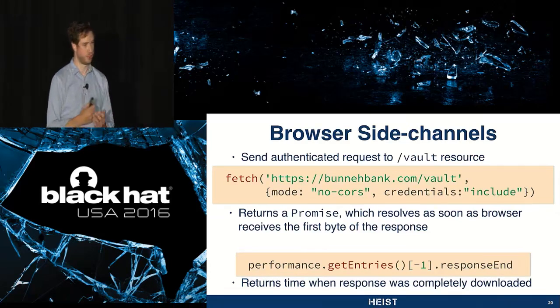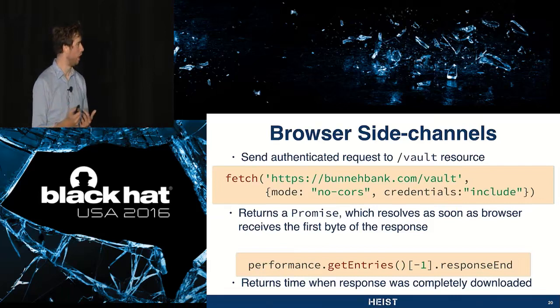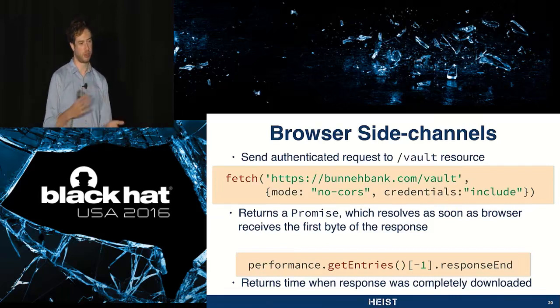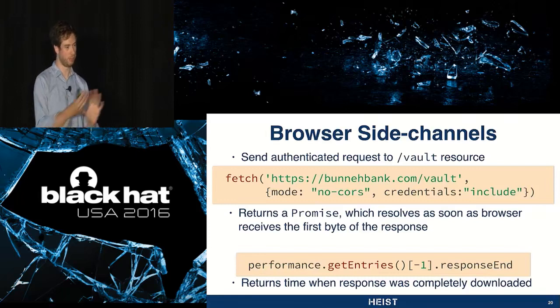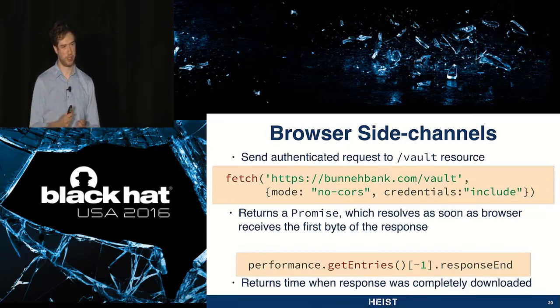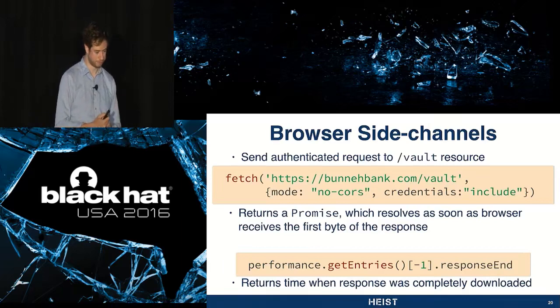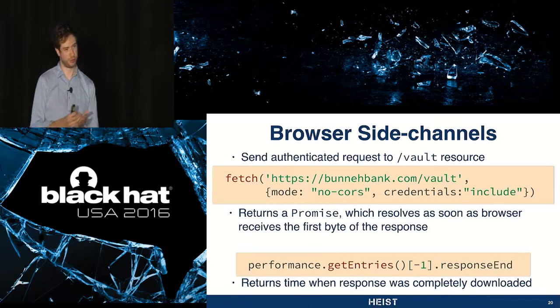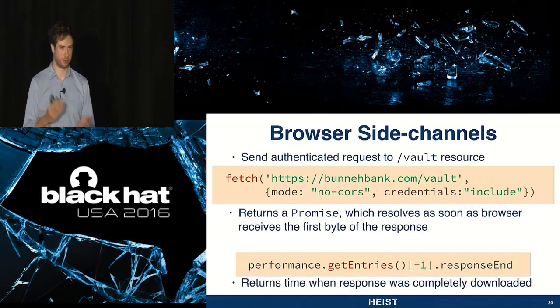So this method will return a promise, and if you don't know what a promise is, it's basically a callback that gets executed as soon as this promise resolves. The promise will resolve as soon as the first byte of the response is downloaded by the browser. So this allows us to measure the point in time at which the first byte of the response was downloaded.